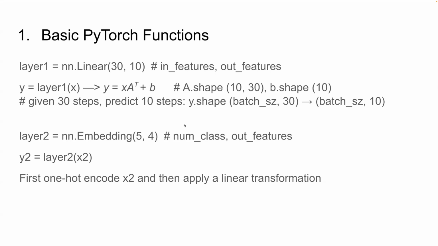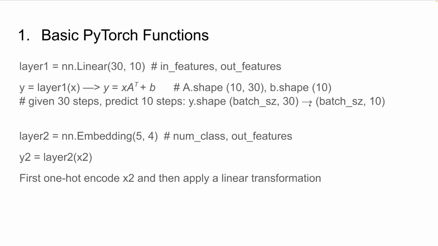If we think about the example from last week, given 30 steps, we want to predict 10 steps ahead. In this case, maybe our input X will have shape batch size times 30, and after this linear layer, our Y that's returned will have shape batch size times 10.